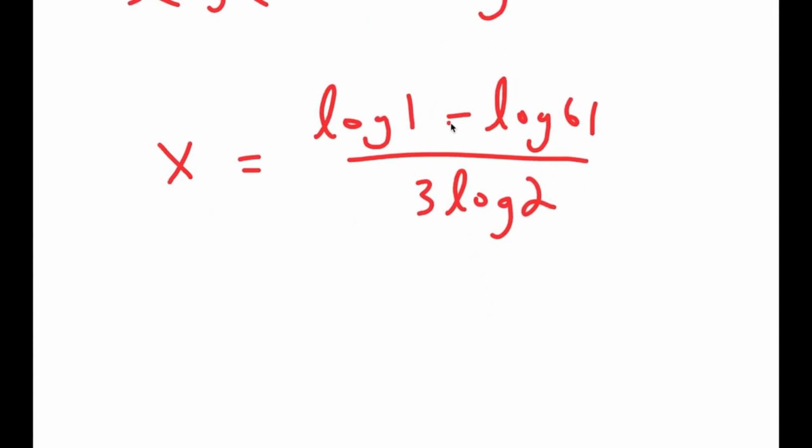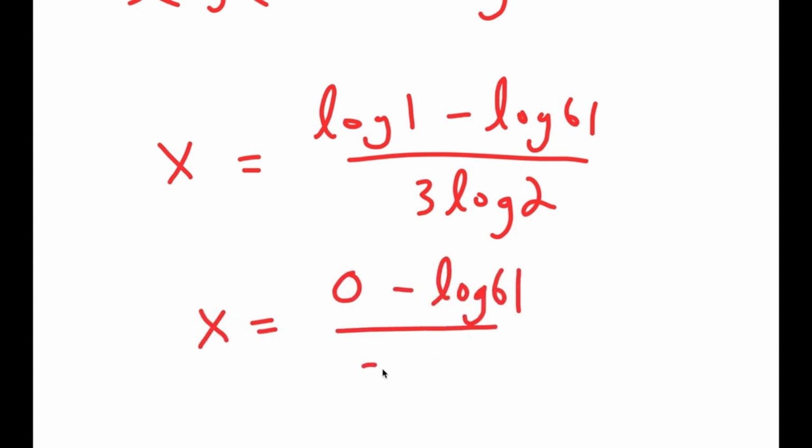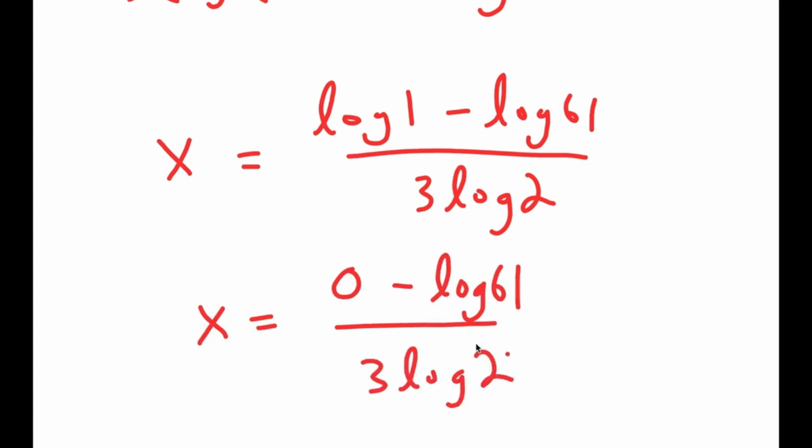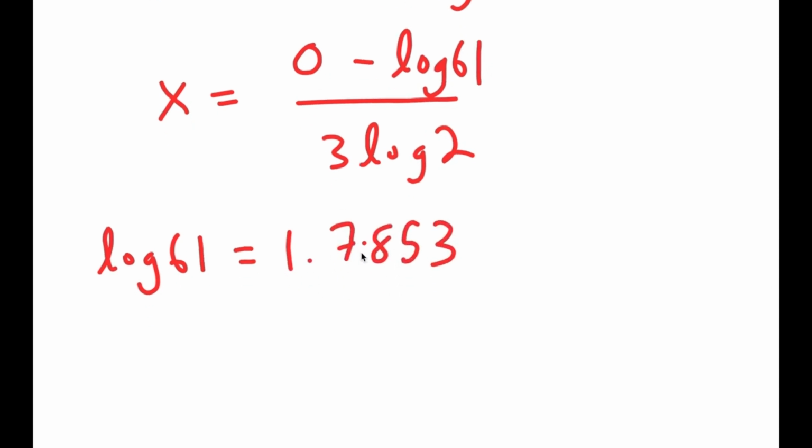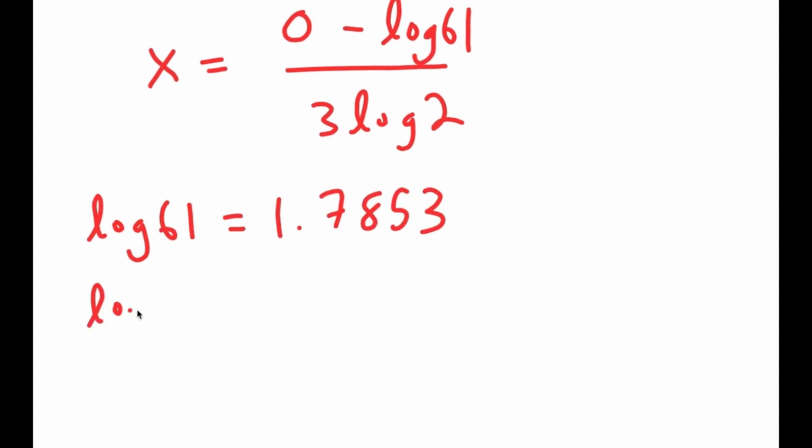Now, if you didn't already know, log of 1 is equal to 0. So I get x is equal to 0 minus log 61 over 3 times log 2. And log of 61, you can use a calculator to find the value of this, but this is equal to 1.7853. And log of 2, which is the other logarithm that's involved over here, is equal to 0.9031.